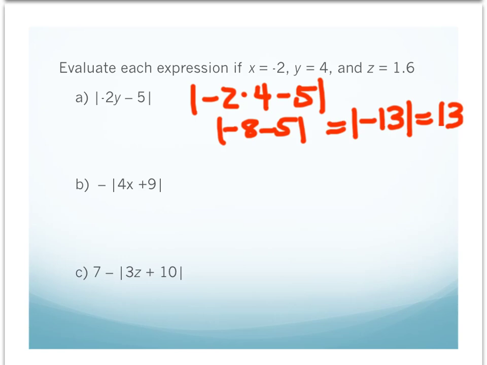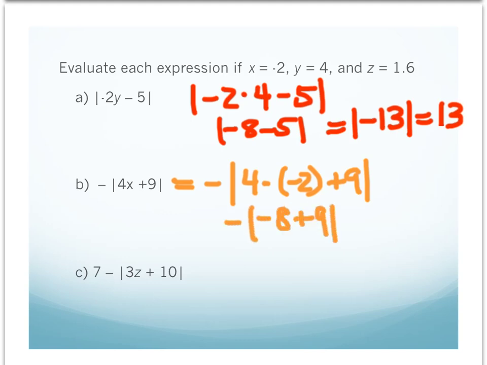Part B, we're going to input negative 2 for x, and we would get negative absolute value of 4 times negative 2 plus 9. 4 times negative 2 again is negative 8 plus 9, and we have that negative sign on the outside, so it is equal to the opposite of the absolute value of 1.